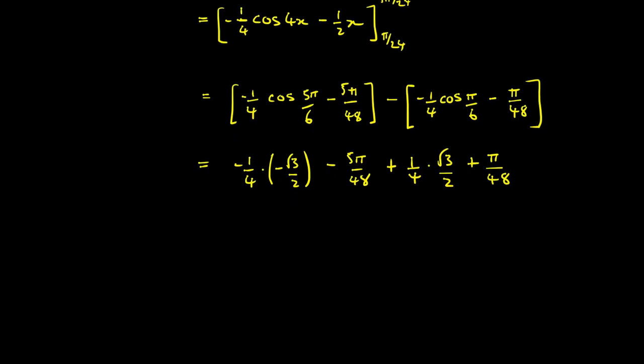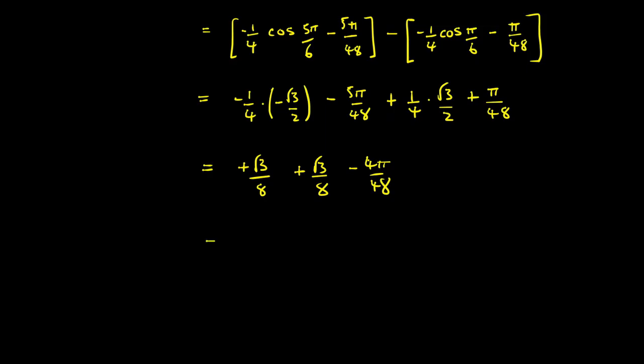So this is going to give me positive root 3 upon 8, plus root 3 upon 8, minus 5 pi upon 48 plus pi upon 48, which is minus 4 pi upon 48. So root 3 upon 8 plus root 3 upon 8 is 2 root 3 upon 8, which is root 3 upon 4, and then minus pi upon 12.